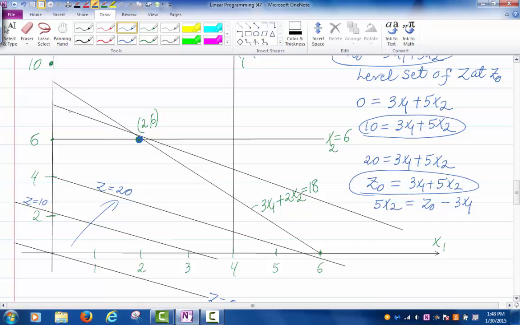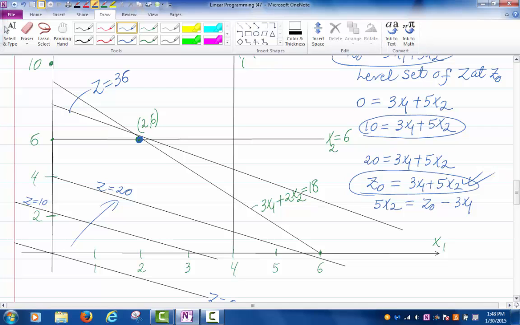So this is the level set corresponding to z equals to what? If you look at this equation here, replace x1 by 2, x2 by 6, you get 36. Is that making sense?